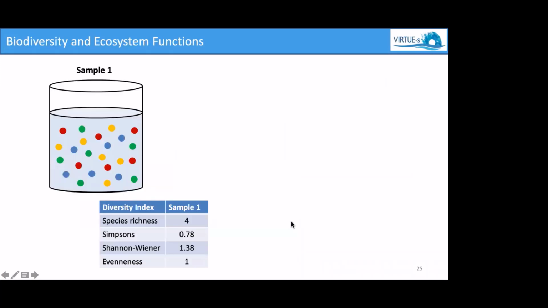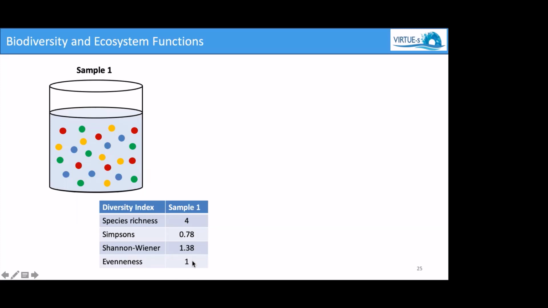Now going back to our example for biodiversity, in this sample 1, where we have a species richness of 4, and an evenness of 1.